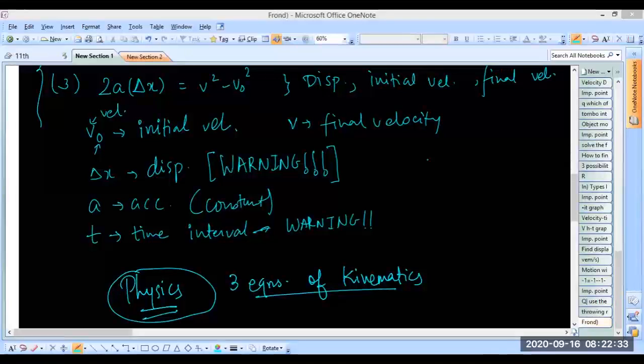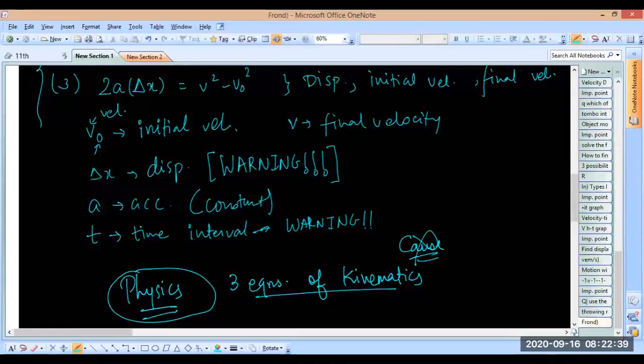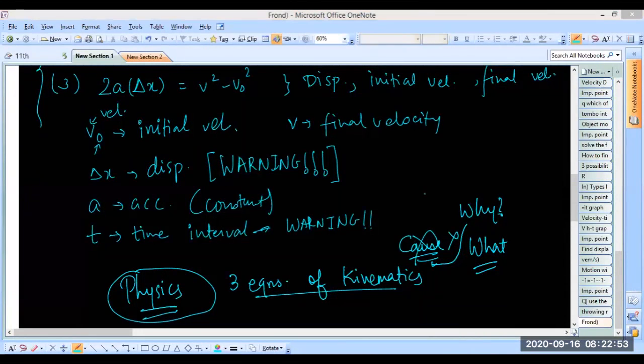We are just studying what is happening, not why. That is called kinematics. In the next few chapters, we will also study why motion happens, and that is not called kinematics. So remember these three equations.